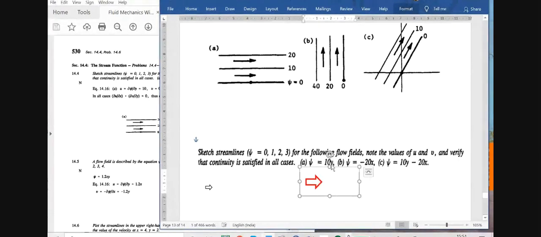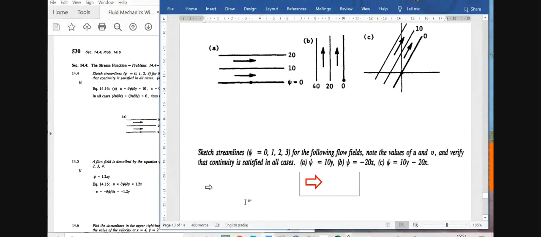Now you have to plot. So psi is equal to 0. In this expression, what is the expression for psi? Psi is equal to 10y.